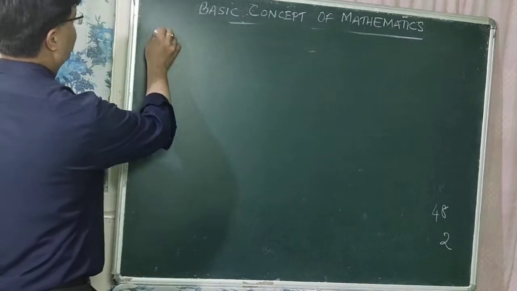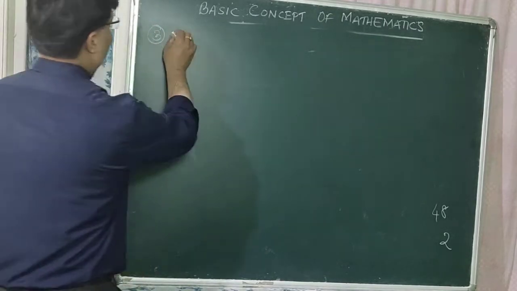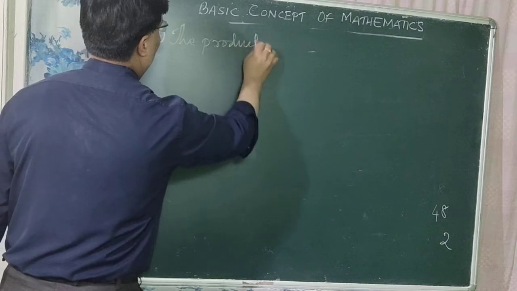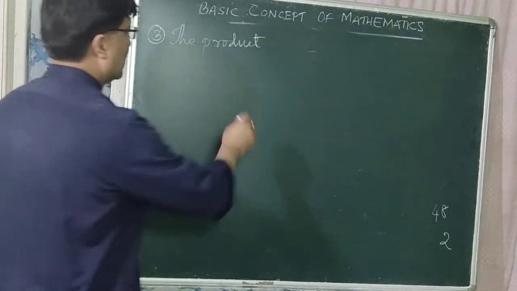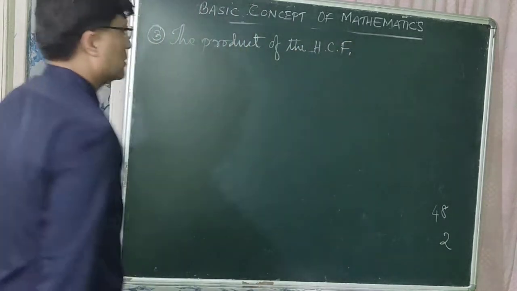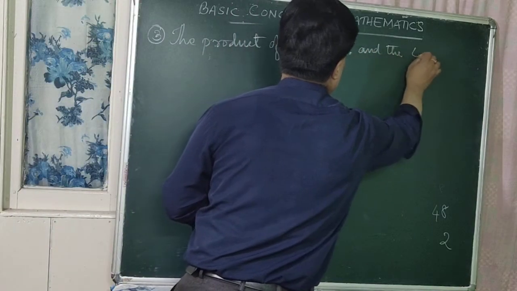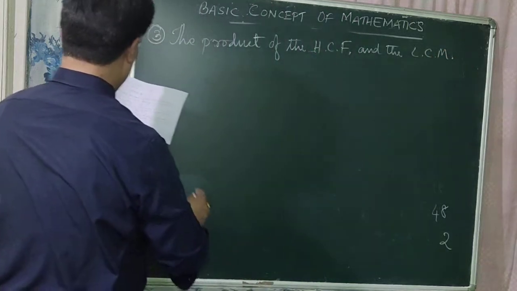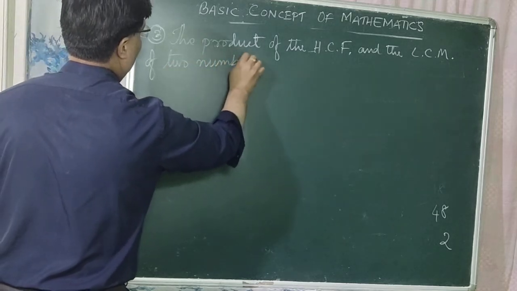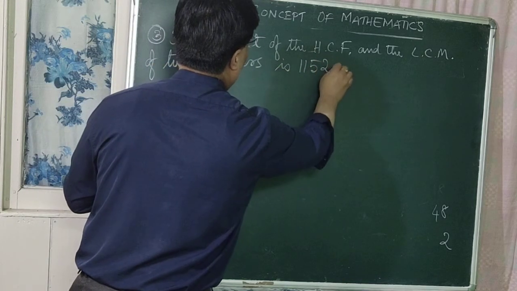Question number 3 is: the product of the HCF and the LCM of two numbers is 1152.